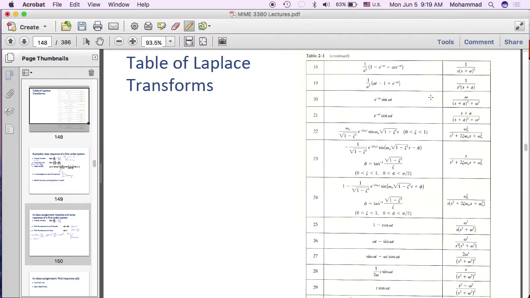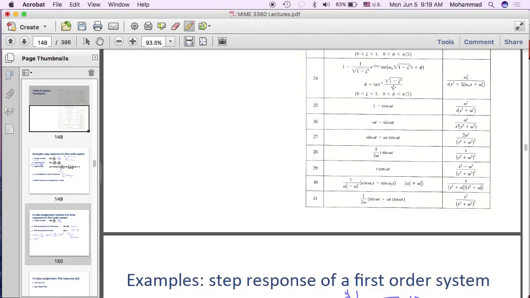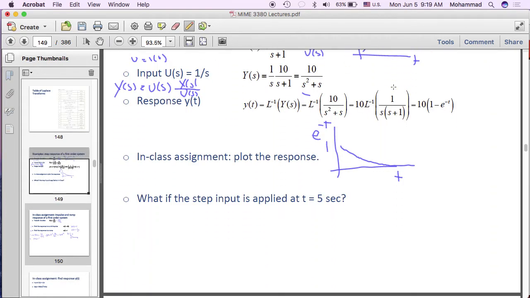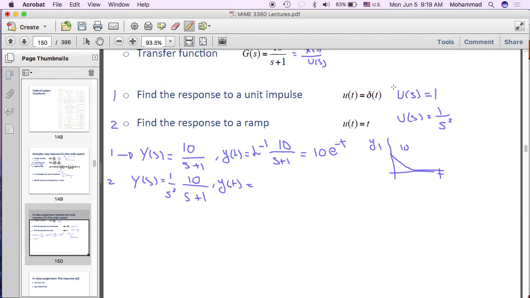So in our case, a is 1. So it's 1 over a squared, which is 1. Then at, which again is t for us, minus 1 plus e to power minus t. So the response, according to the table, is t minus 1 plus e to negative t.